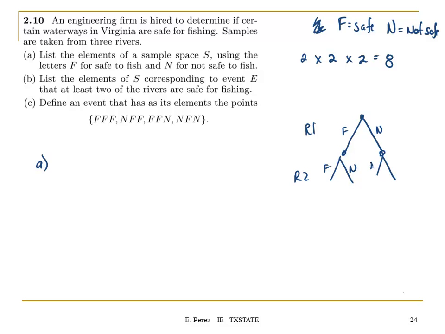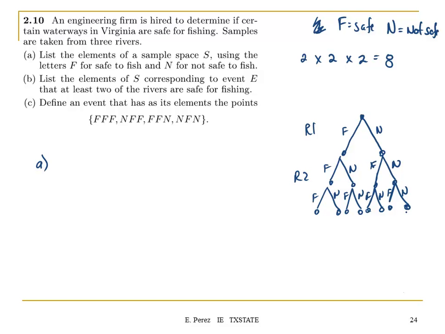Same thing here, safe, not safe. And for the third river, same thing. We have safe, not safe, safe, not safe, safe, not safe, safe, not safe. So we have 8 outcomes.